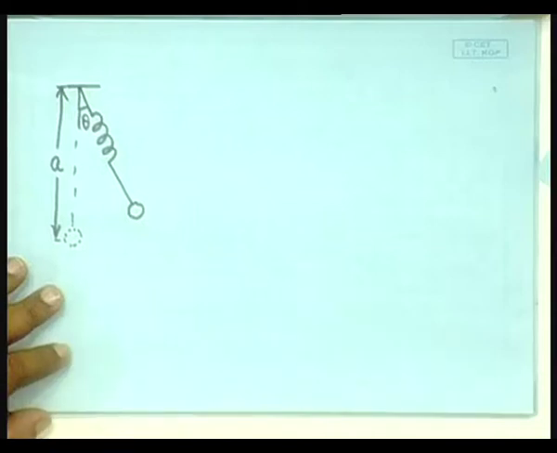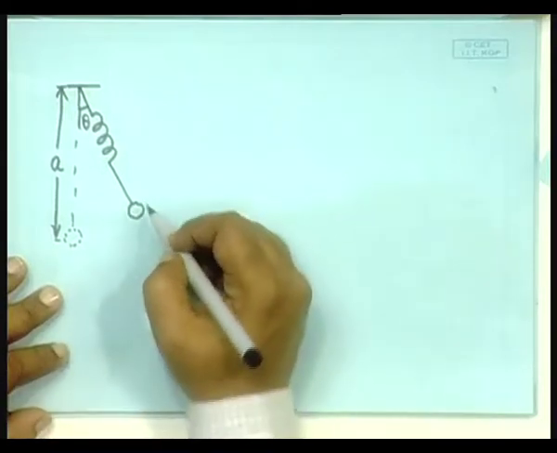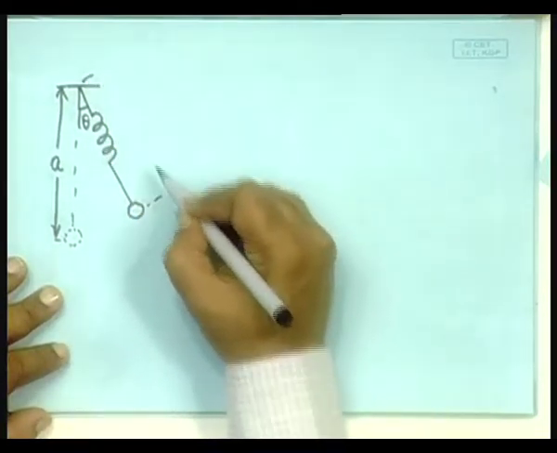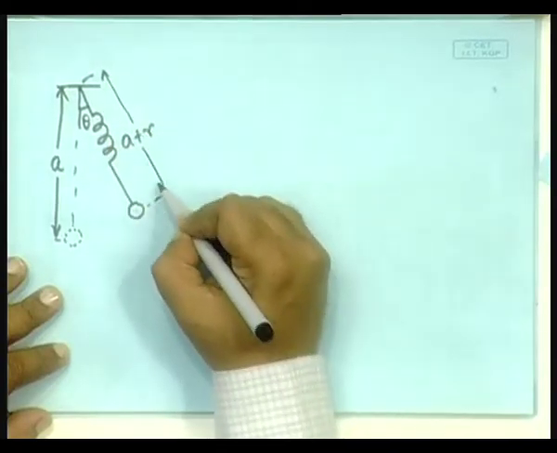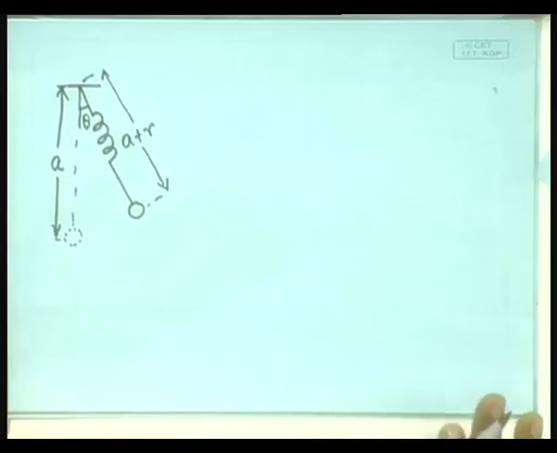Is that visible? Yes. And here this distance was a plus r. That is how we have defined r and theta as the coordinates, and then we have already written down the Lagrangian function.